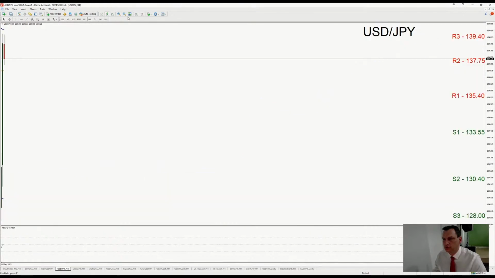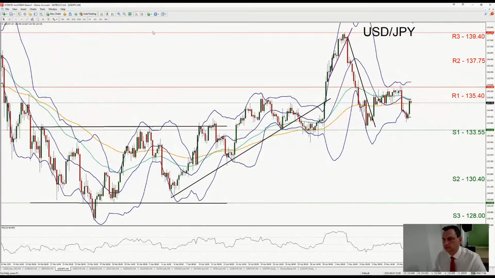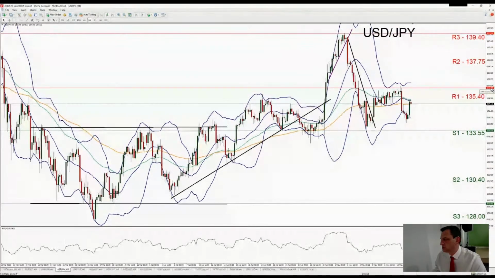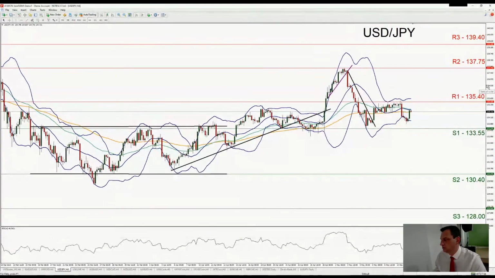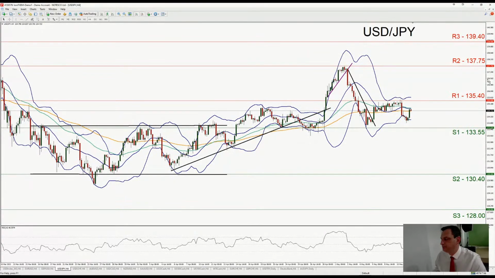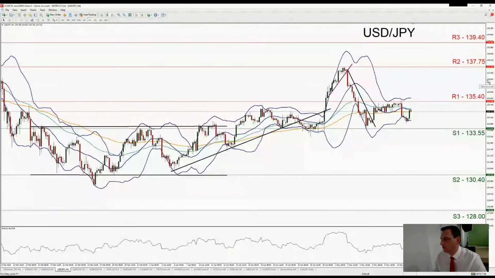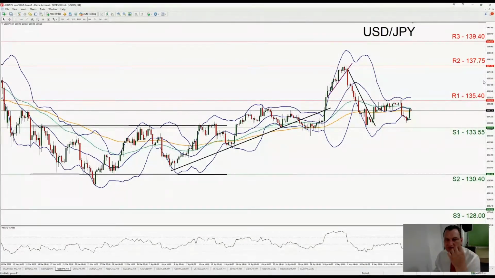Back to the forward chart. It's interesting how the pair failed to rise, and to be more exact, JPY failed to weaken due to the release of the summary of opinions of Bank of Japan's April meeting.